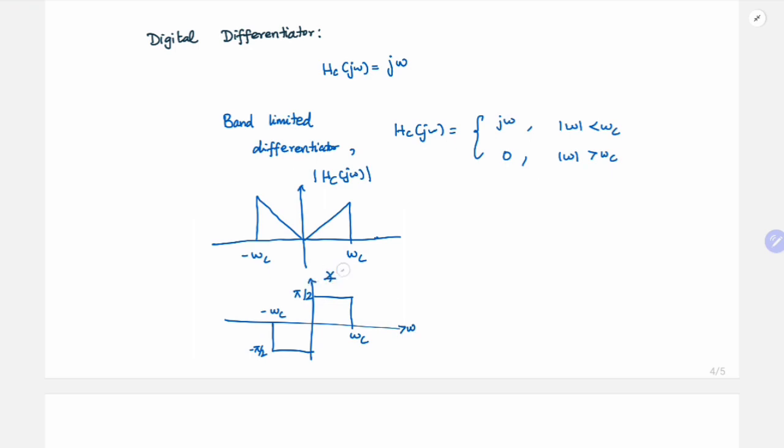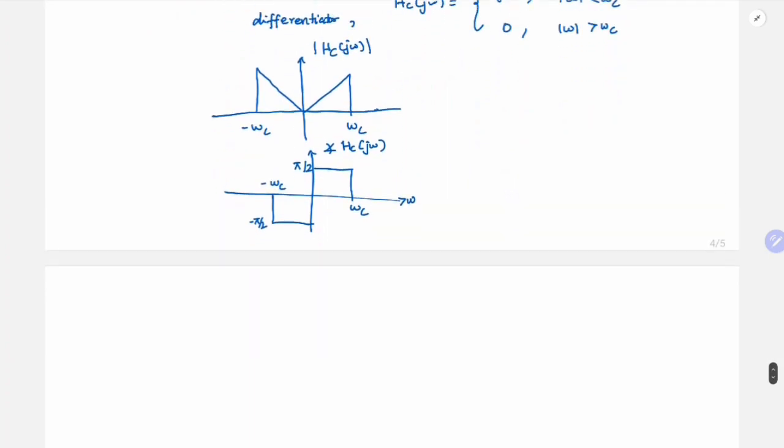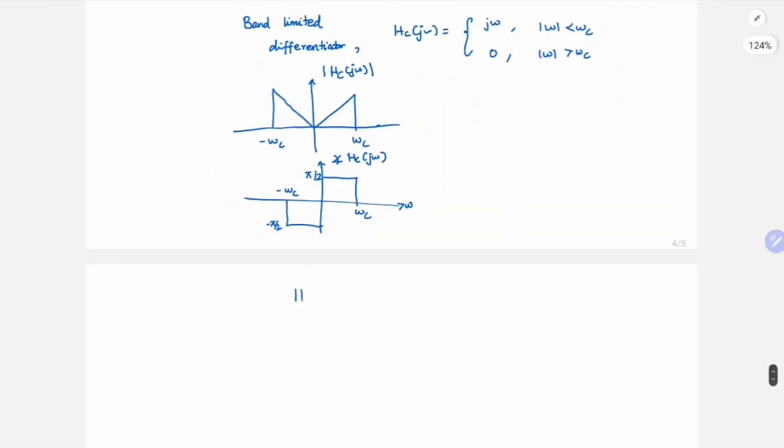So this is my phase of Hc(jω). Now, how will this implementation look in discrete time? I need to take Hc(jω) and replace ω with ω/T. That's all, right?